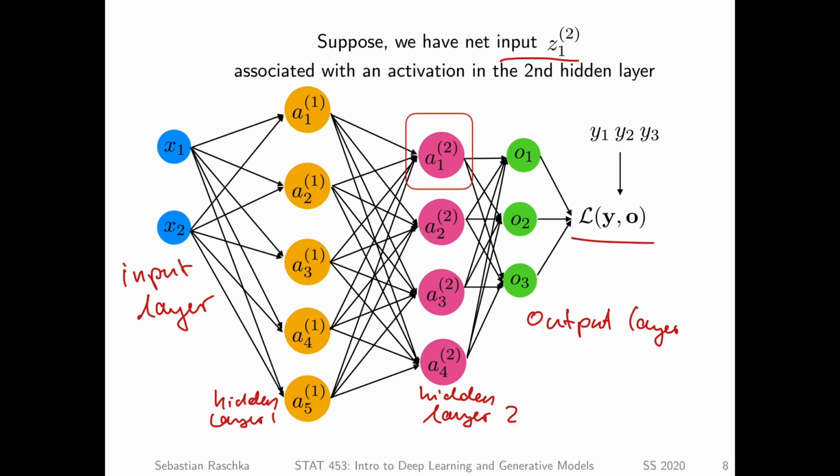So Z superscript 2 would be the input to the second hidden layer. This is a net input that is computed by applying the weights that are connecting hidden layer 1 and hidden layer 2.